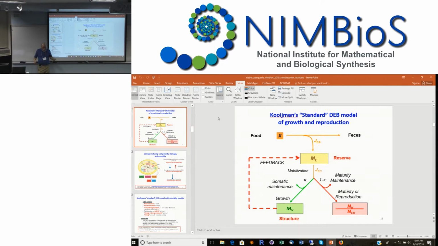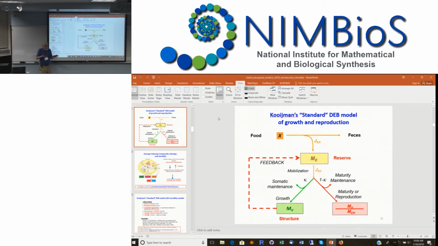It can be. This is perhaps one of the more controversial bits in the standard form of the theory, and I think in part it's another case where the controversy is overstated. The important point here is that if I forget about this term, which is often quite small, the partitioning is to growth and maintenance on the one hand, and let's talk about an adult, to reproduction on the other.